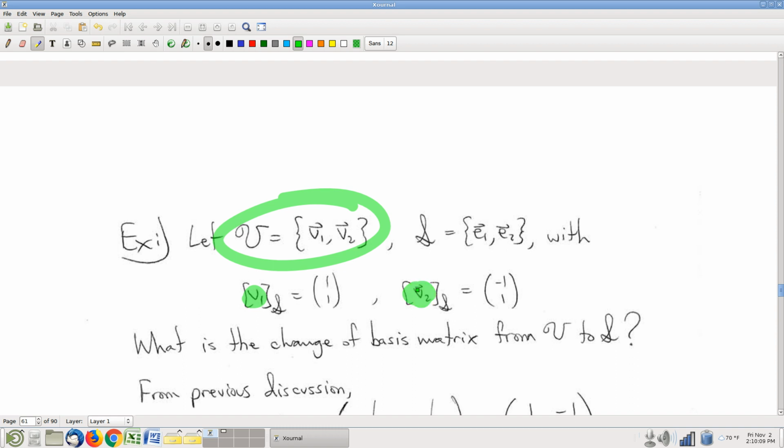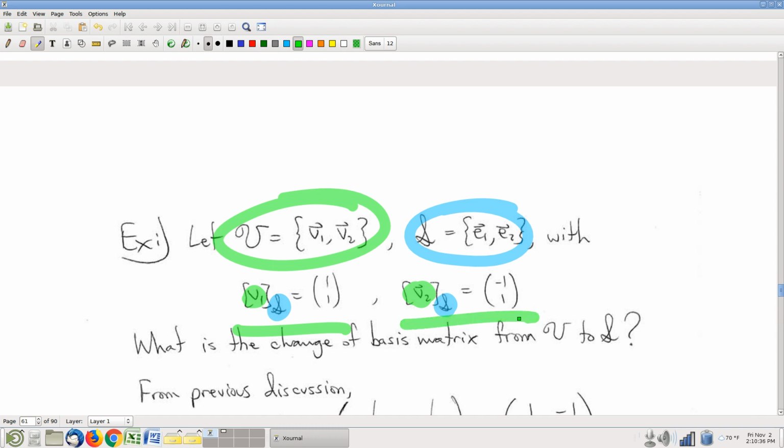If I want to use them as a basis, you need to know what these vectors are. How am I going to tell you about V1 and V2? Well, I'm going to tell you their coordinates, but I've got to tell you their coordinates with respect to what basis. So we're going to use the standard basis as a way of telling you the coordinates of V1 and V2. And so here they are. They are (1,1), and (-1,1).